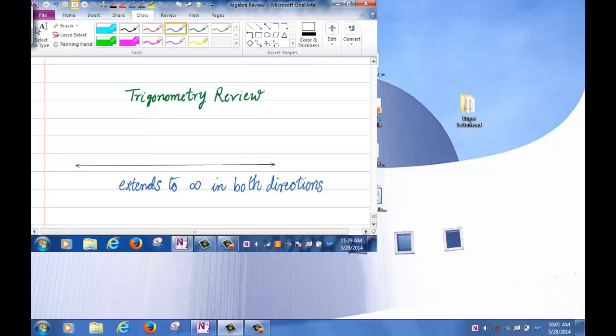The symbol that I wrote there, that's called infinity, if you're not familiar with that. So this symbol here is pronounced as infinity. So this is a line, okay? This is a line.